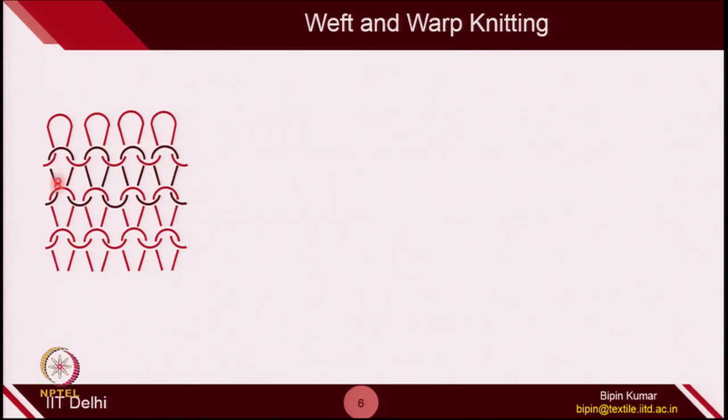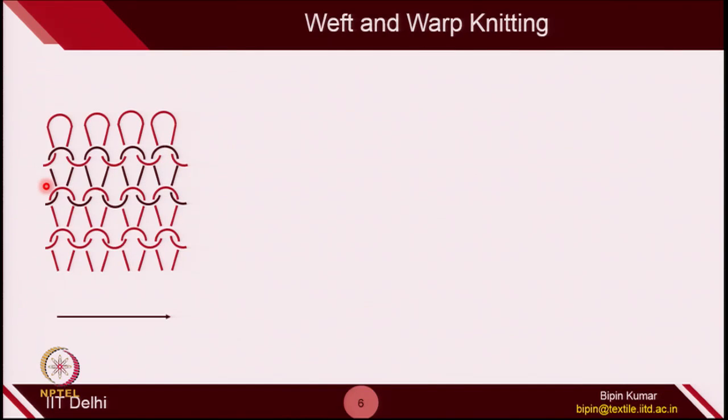But if you pick any particular course and try to follow the path of the yarn, for example I am following the path of the black yarn, you can see once I am leaving one loop, it automatically moves to the second loop on the same row.